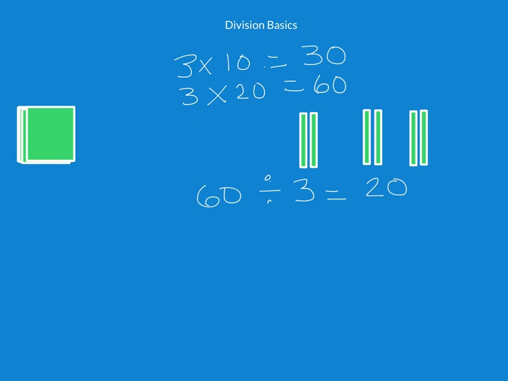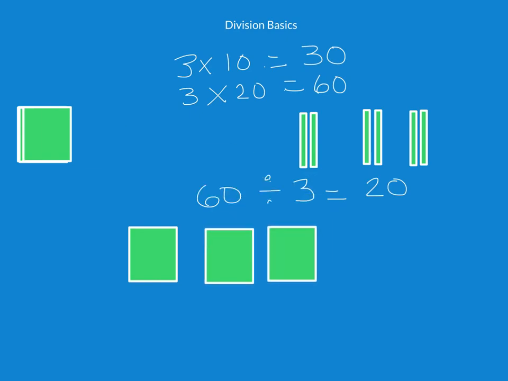Of course, it also works with hundreds, so that if I had 3 groups of 100, that is, of course, 300.